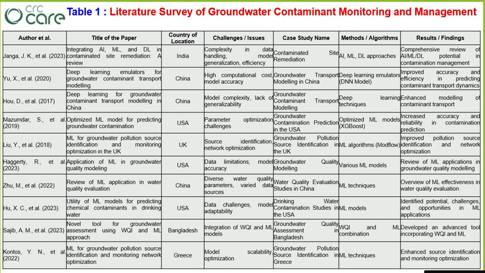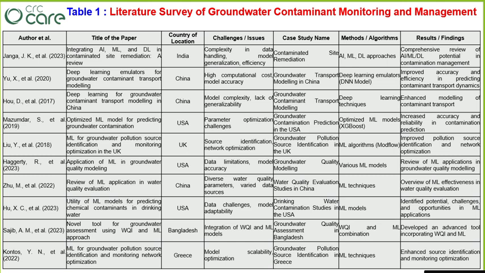So across the globe we have collected various case studies like contaminated site remediation, groundwater contaminant transport modeling in China, groundwater contaminant prediction in the USA, groundwater pollution source identification in the UK, groundwater quality modeling and water quality evaluation studies in China, drinking water contamination studies in the USA, groundwater quality assessment in Bangladesh, and groundwater pollution source identification in Greece.